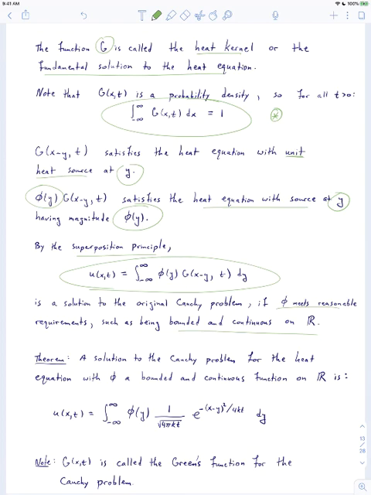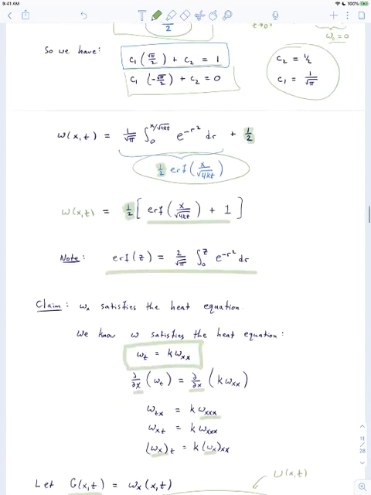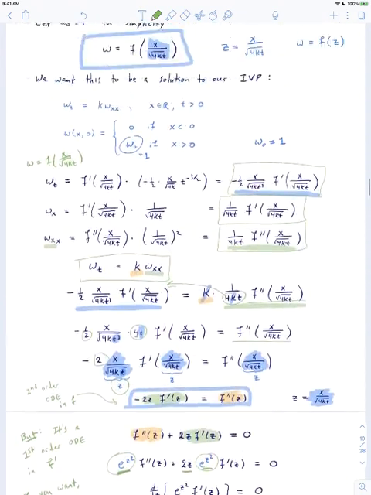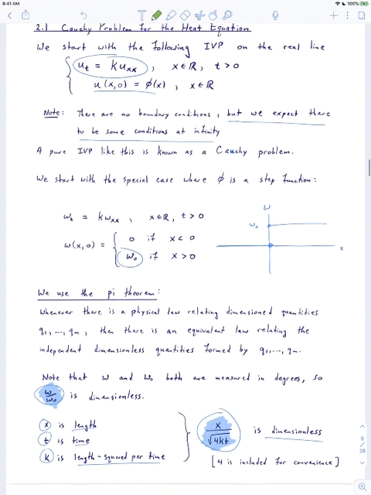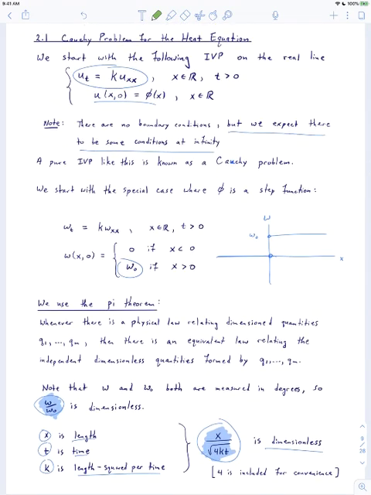If we start with the original problem, let me just scroll back to the beginning so we can remind ourselves what the original problem was. So if we scroll back to the beginning, the original Cauchy problem for the heat equation is right here. That's u sub t equals k times u sub xx, where the initial condition is given by this phi.